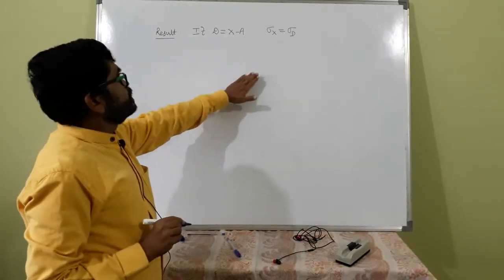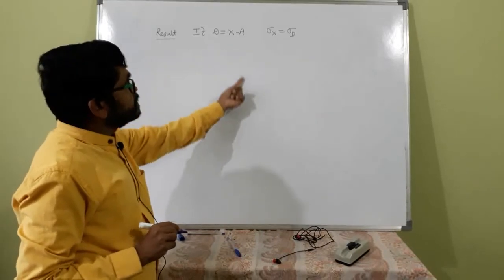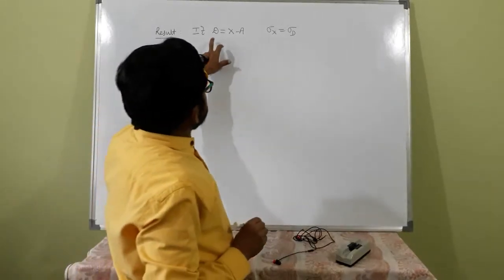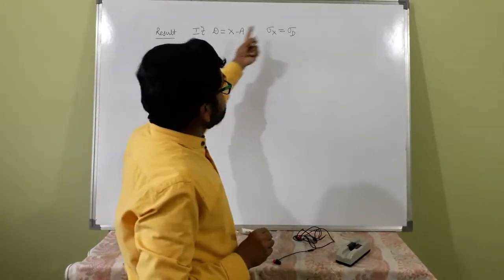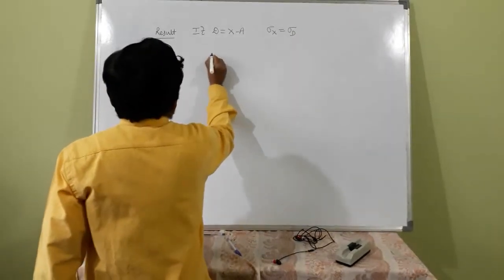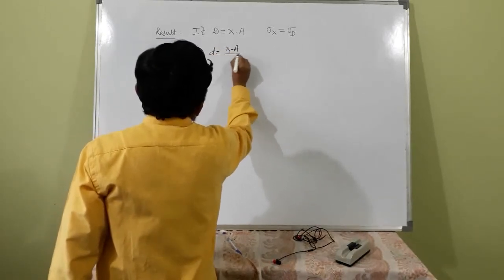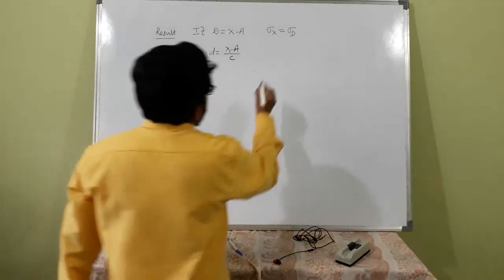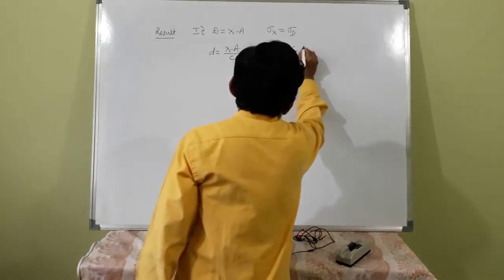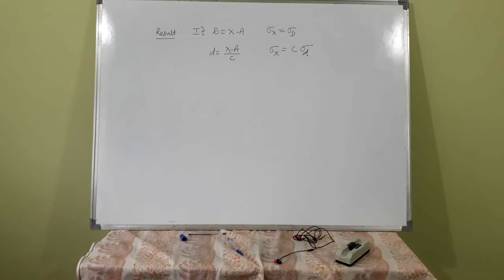If you calculate the deviations and take the standard deviation of the deviated values, the standard deviation of the initial values and the deviated values are the same. Another one: if d is the step deviated value, where you divide by c, then the standard deviation of x is c times the standard deviation of the step deviated value. Okay.